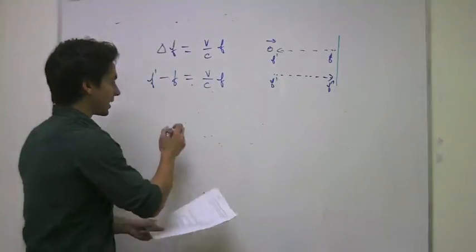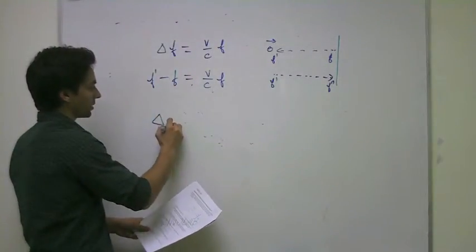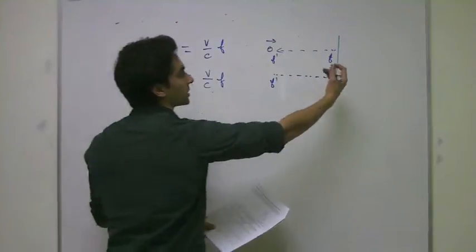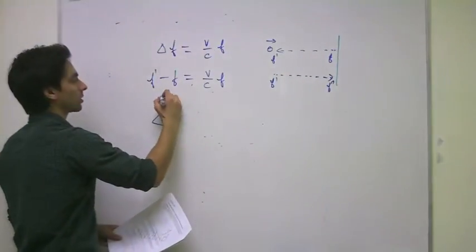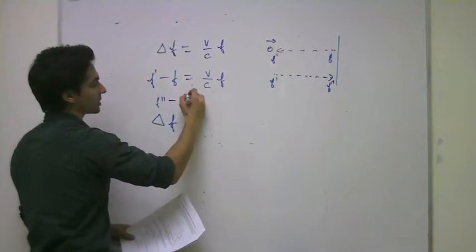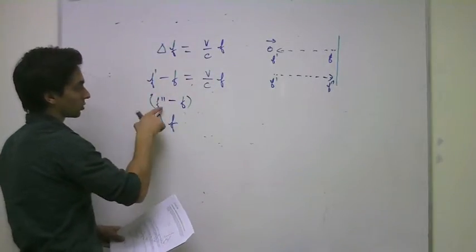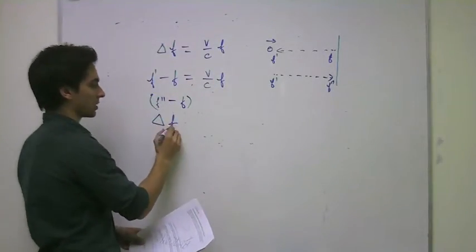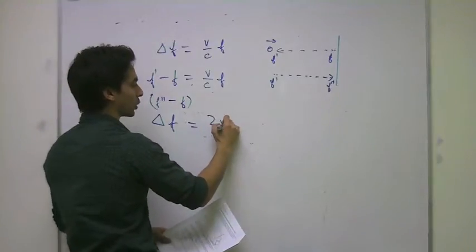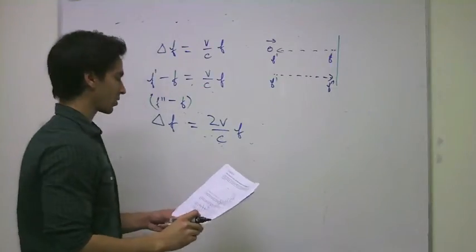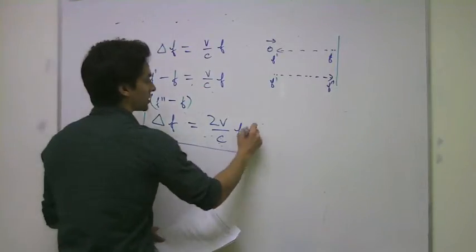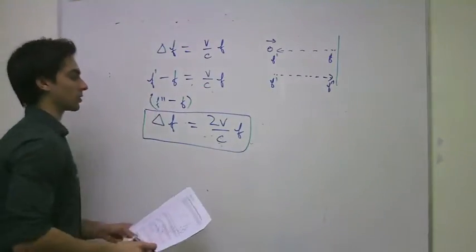So we should get the difference in frequency, which is the observed frequency f double dash minus the original frequency f which was sent out. Received frequency minus transmitted frequency is given by 2v over c times f, where f is the original transmitted frequency.